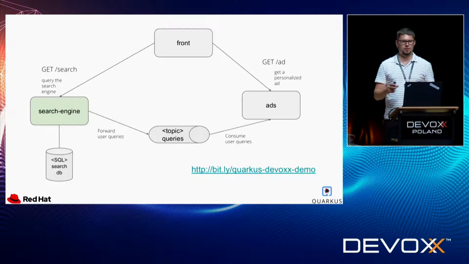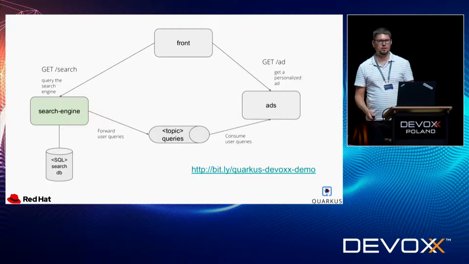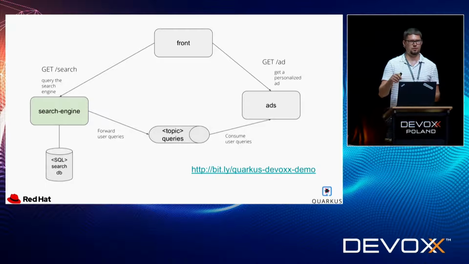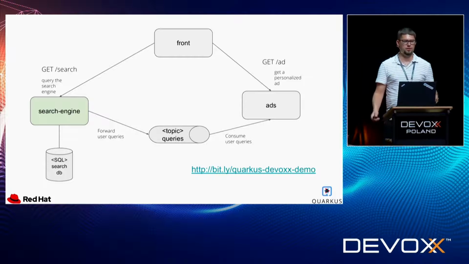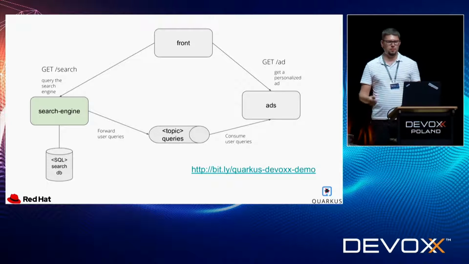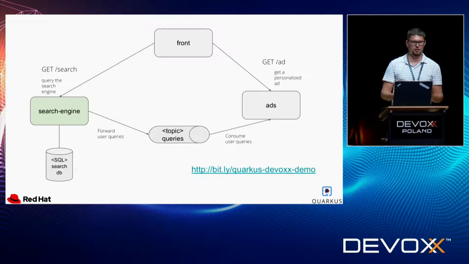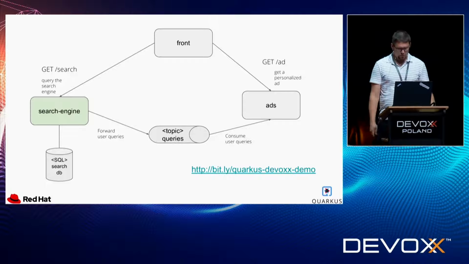The system comprises a search engine, which takes a query and consults a database that has mappings from keywords to some search results, and also forwards queries to a Kafka topic. There's also an ad service that consumes user queries from the topic and prepares some personalized ads based on that. And there's a front app that just has a page and forwards queries to both of them.